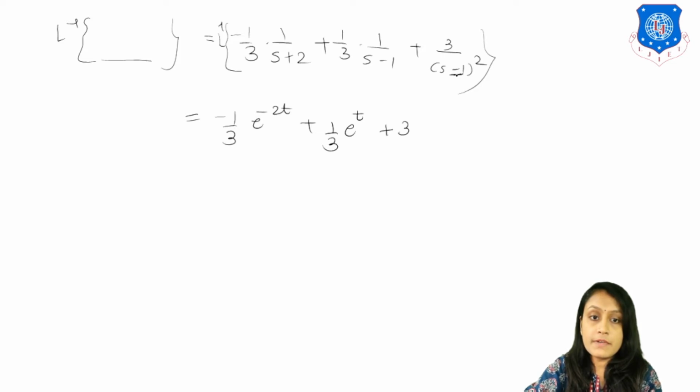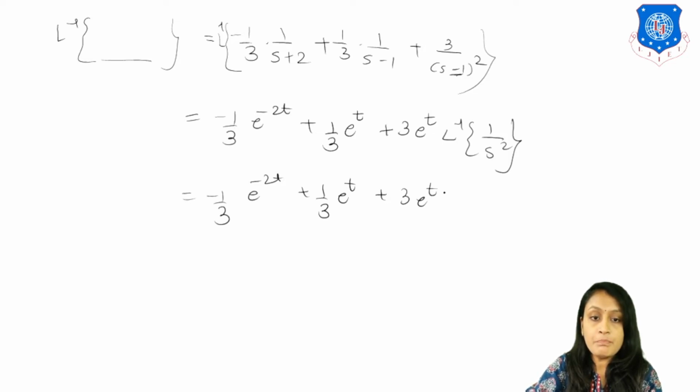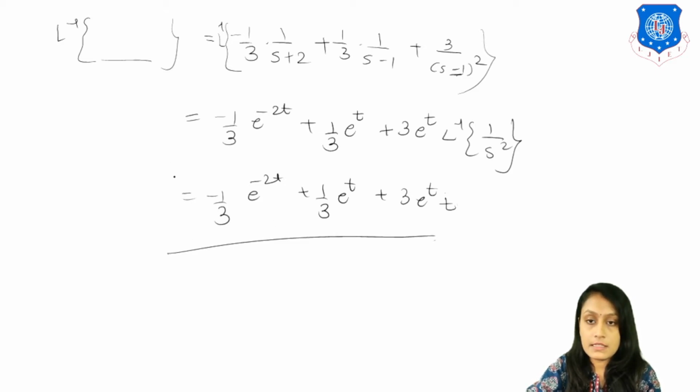So first we will take this minus 1 outside, so it will give you e raised to t, and Laplace inverse of 1 upon s square. Just simplify further. So minus 1 upon 3 e raised to minus 2t plus 1 upon 3 e raised to t plus 3 e raised to t. Now Laplace inverse of 1 upon s square is what? T, right? So this is your final answer.